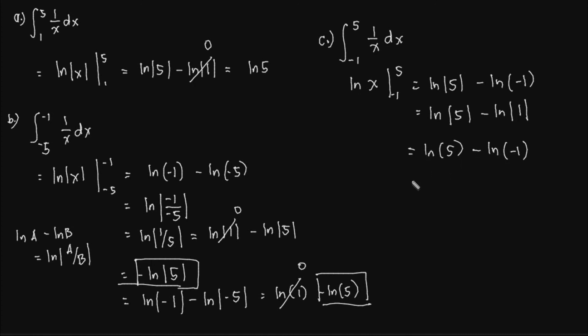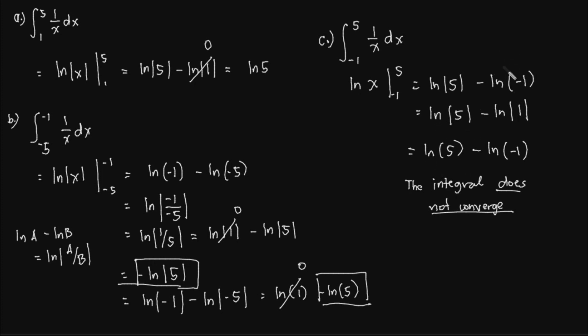So, in this case, we could say that the integral does not converge. Okay? We can say it does not converge into a single value. You can just say does not converge, so you don't have to write a long answer. You can just say does not converge.